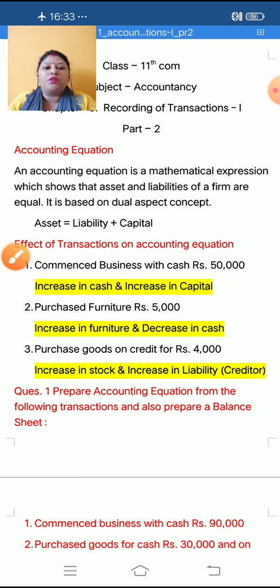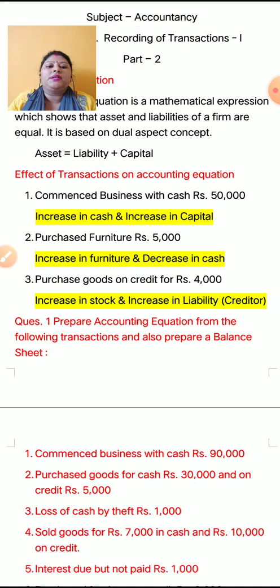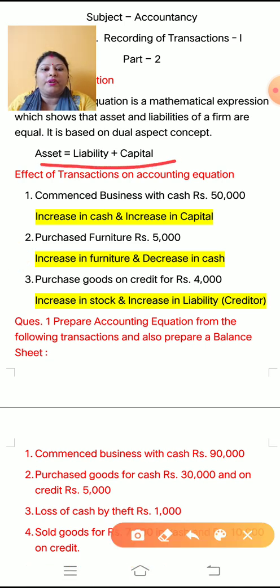Effect of transaction on accounting equation. The first is commenced business with cash for rupees 50,000. Commenced business means started business with cash of rupees 50,000. What is the effect on the accounting equation? Based on this equation you have to give the answer.